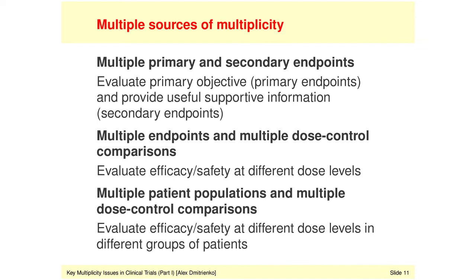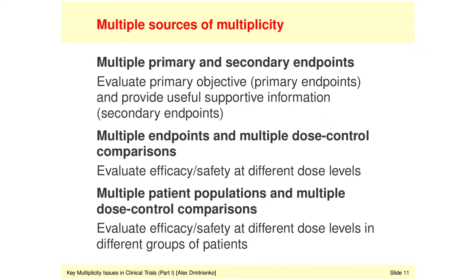So once again, there are two sources of multiplicity in a trial, and the last example is very similar to the second example. Here we have a clinical trial in which multiple clinical endpoints, again primary and secondary, are evaluated in different groups of patients or different patient populations.